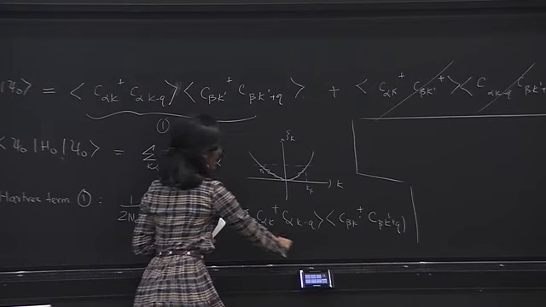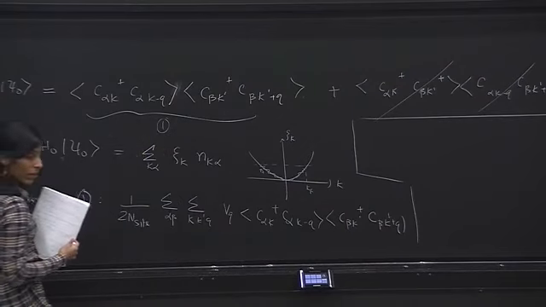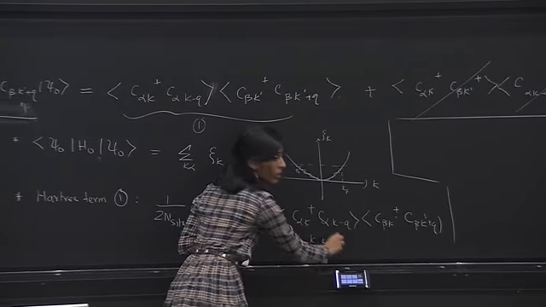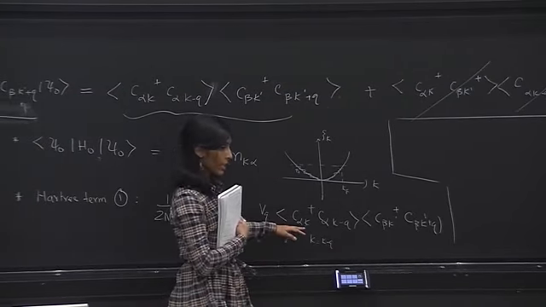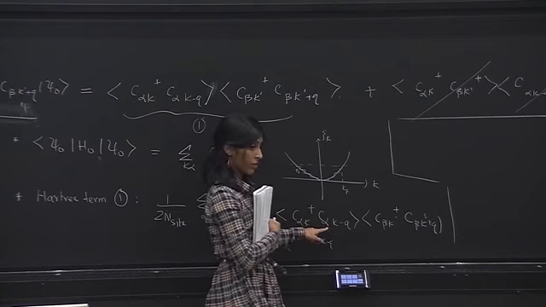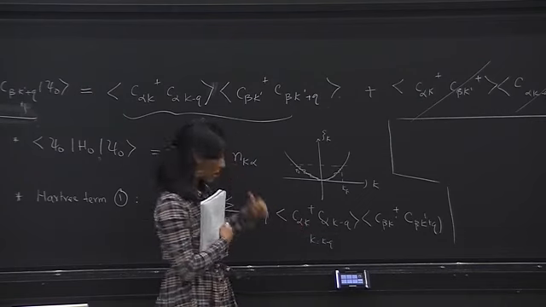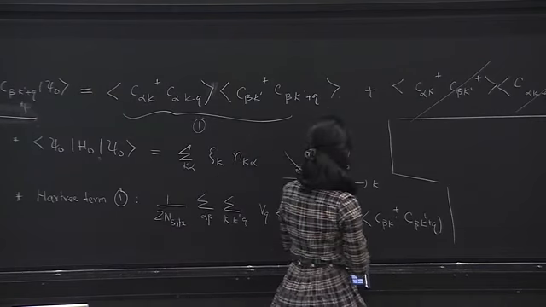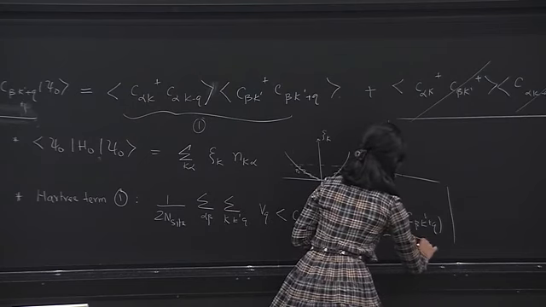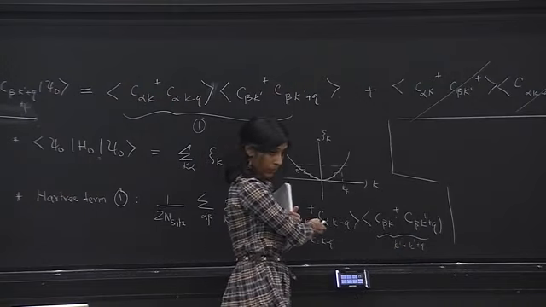So this could be non-zero within the state psi 0 only if k is equal to k minus q. Does everyone see that? Again, by the fact that if I destroy a fermion at a different momentum and create it somewhere else, I'm going to have 0 overlap with the state I started with. Right, so you see this forces k to be k minus q. This forces k prime to be k prime plus q, which is the same thing as saying it forces q to be 0.